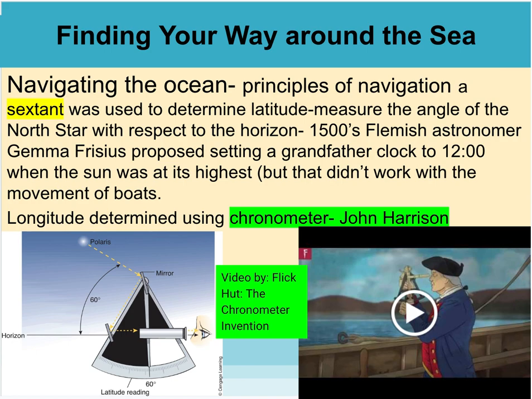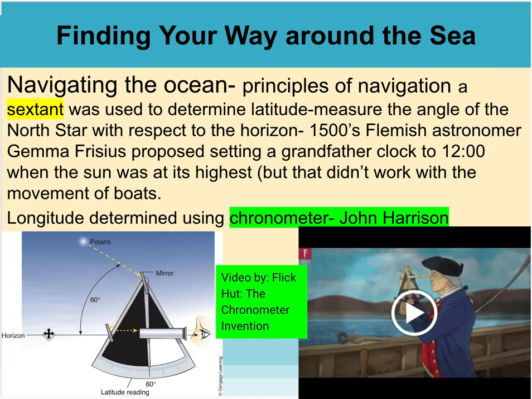Okay, so doing all of this navigation, there's a lot of history with that. A lot of people use the stars and things like that, but one of the first tools that gets a shout out is called the sextant, and it basically measured the angle between the horizon and the North Star.